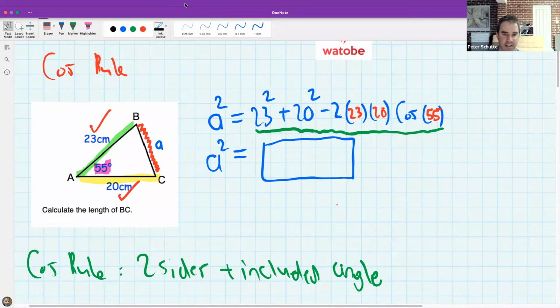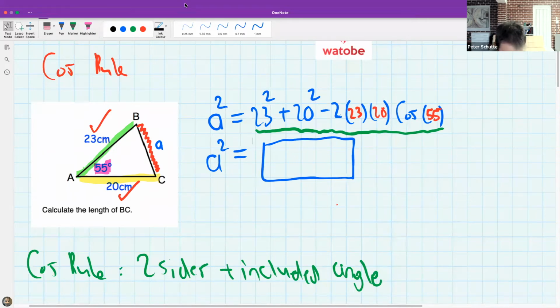So I'm looking for the a squared value. What I'm punching into my calculator is 23 squared plus 20 squared minus 2 times 23 times 28 times the cos of 55. I'm getting something a bit different here. Let's see if I made a mistake. Degrees.